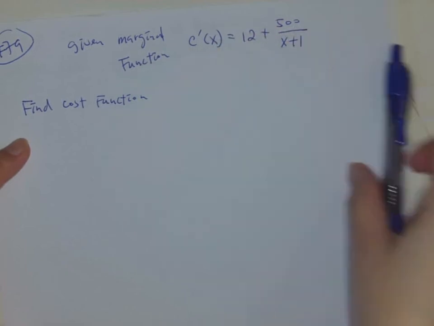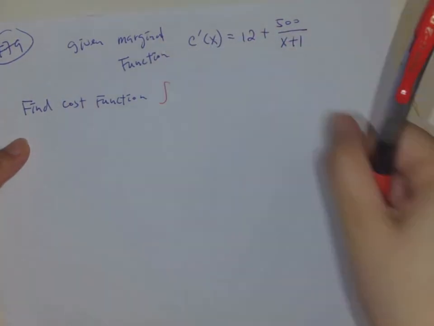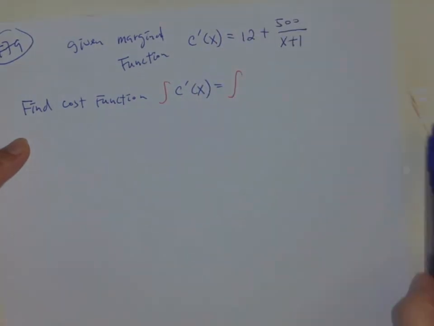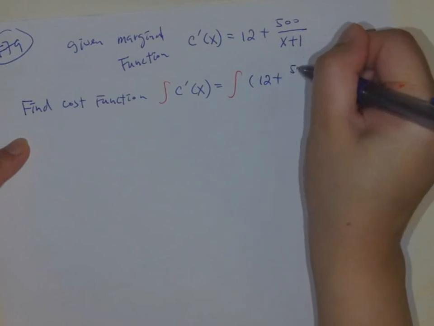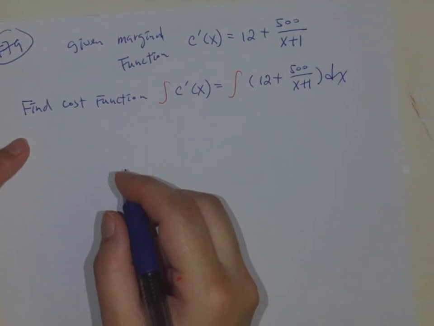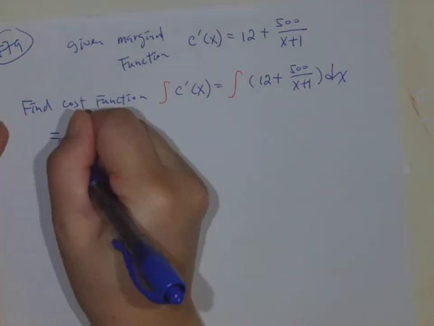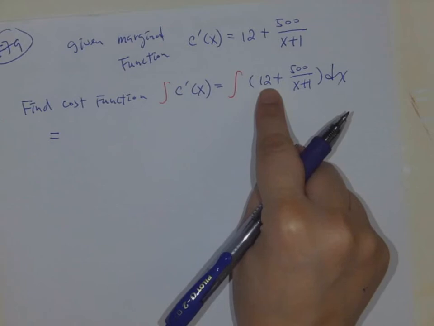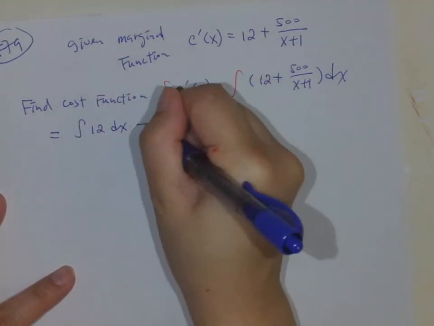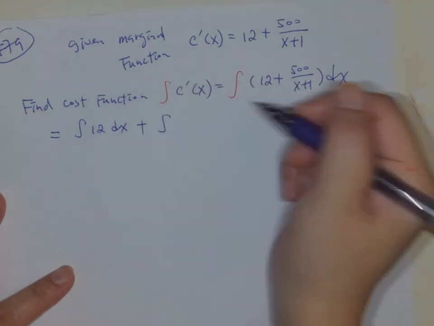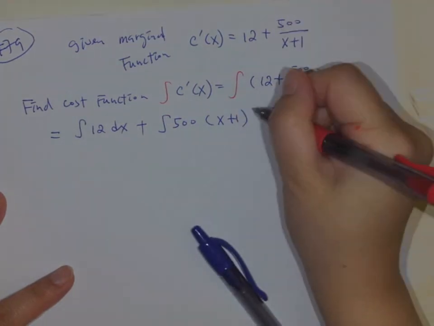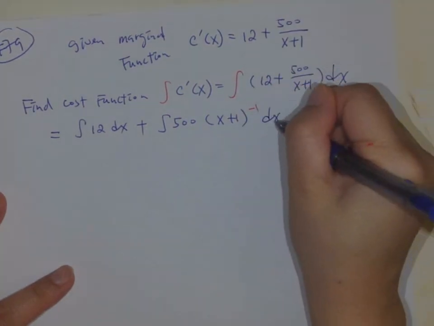So we need to take the integral of 12 plus 500 over x plus 1 dx. I probably want to do the 12 first. Taking the integral of 12 is not that difficult. Then the second part is the integral of 500 times x plus 1 raised to the negative 1 power.